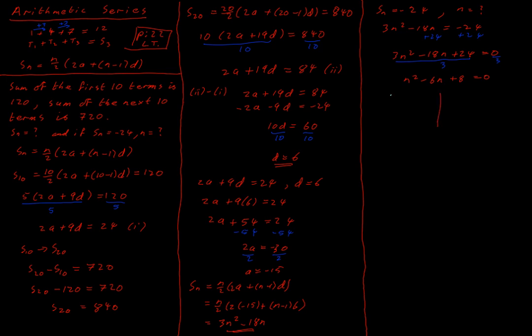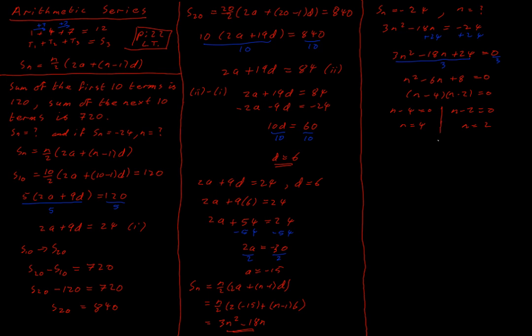Factorize this in the normal fashion, and you will find that you end up with n minus 4 by n minus 2 is equal to 0. So n minus 4 is equal to 0, n minus 2 is equal to 0. n is equal to 4, n is equal to 2.